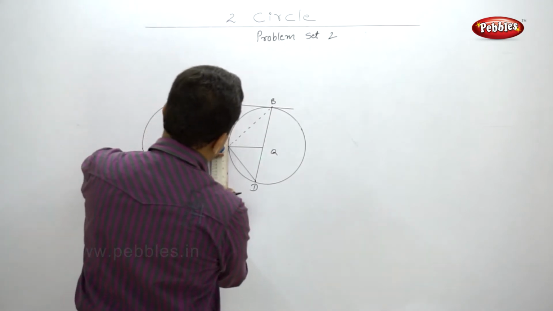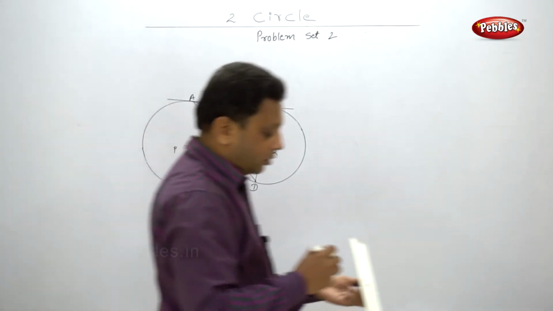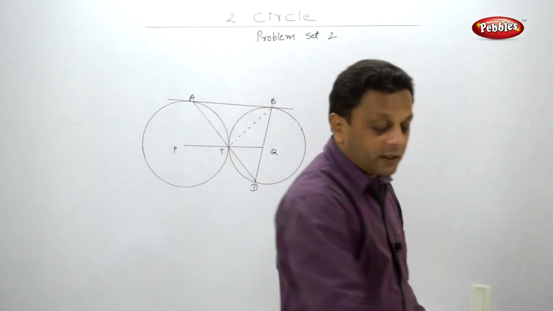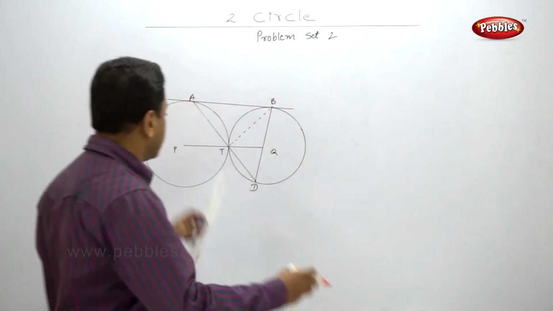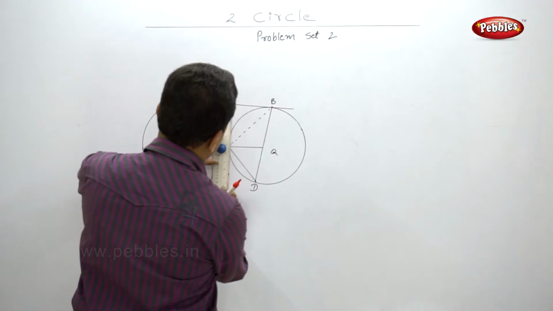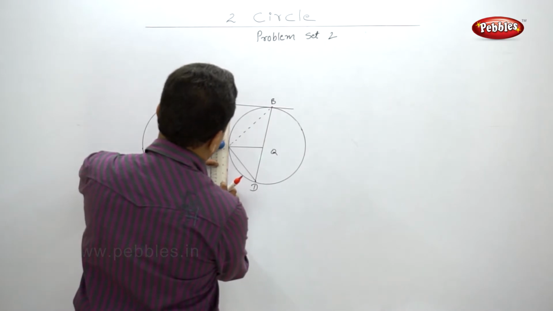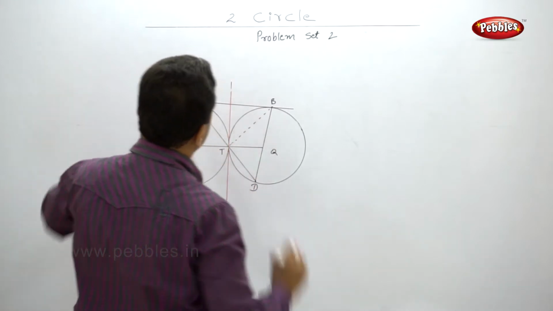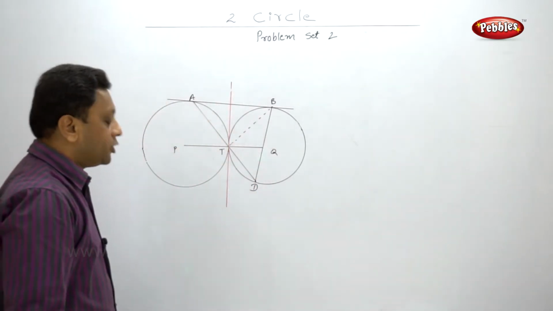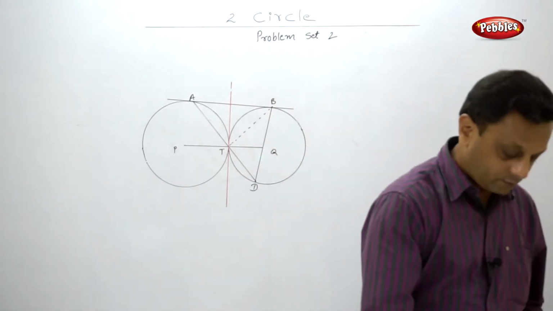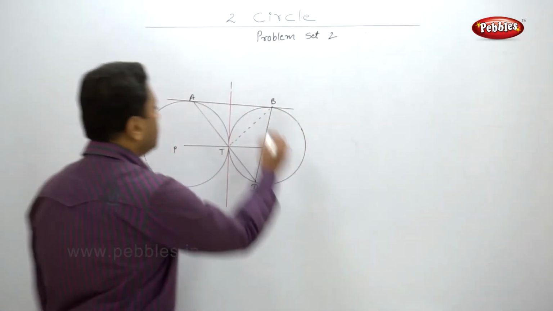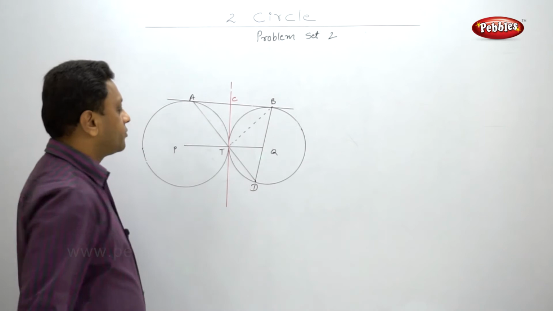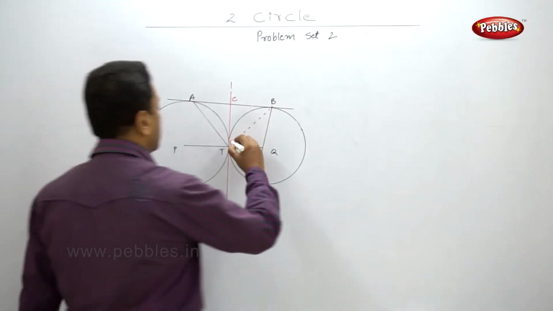So here I will draw a tangent. Let us draw it with a different color so we'll understand that. So here I am drawing a common tangent. Let us name this point as C.